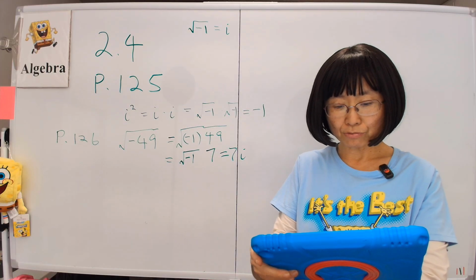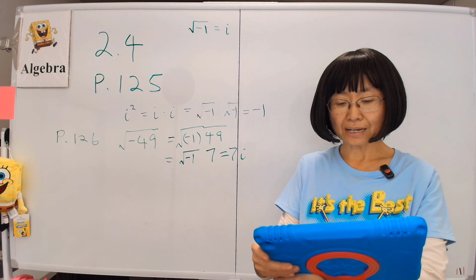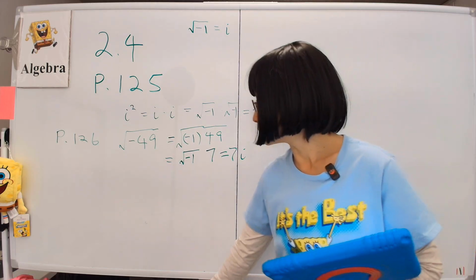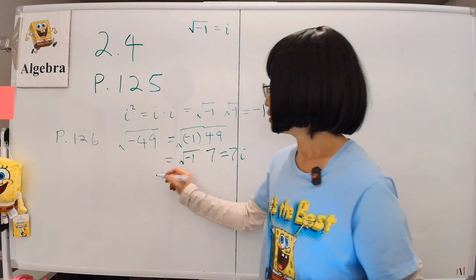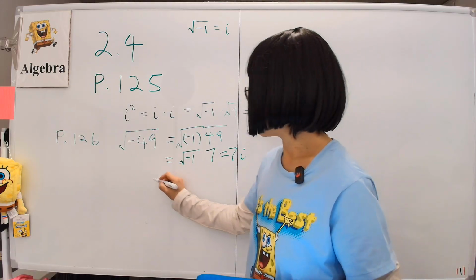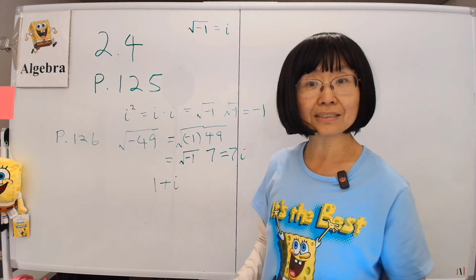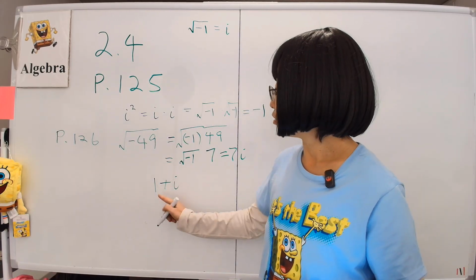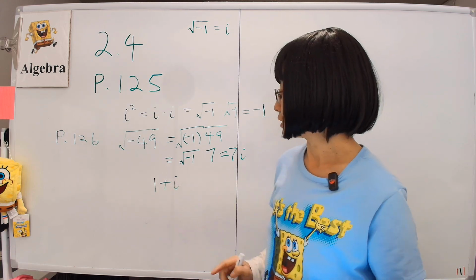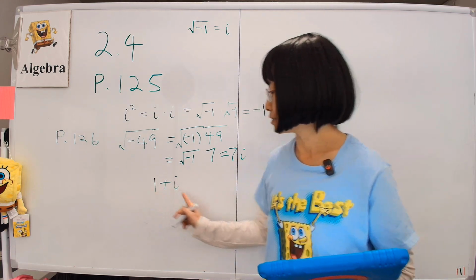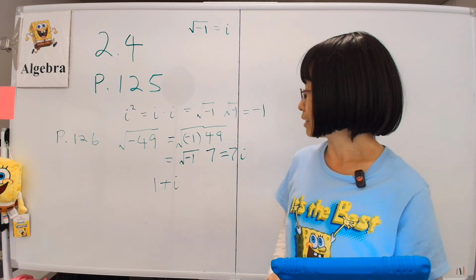And sometimes we might even write it as, let's look up this page a little bit, where all numbers now are written like this. For example, you might have a number that says 1 plus i. So all numbers now have a part that's called real and a part that's called imaginary, and so this is called the standard form. So you write down its real part and imaginary part.